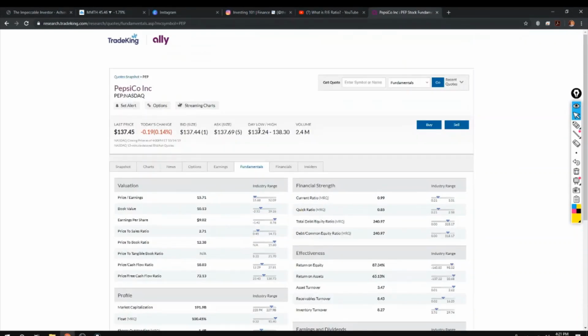So this is the way that you can use research.tradeking.com and the PE ratio, or price to earnings ratio, to value a company. Remember, in general, you're looking for a small price to earnings ratio relative to the industry average, because that means you're receiving more value for the price that you're paying for that stock. As you can see here, purely based on this example, PepsiCo would be the better choice over Coca-Cola.